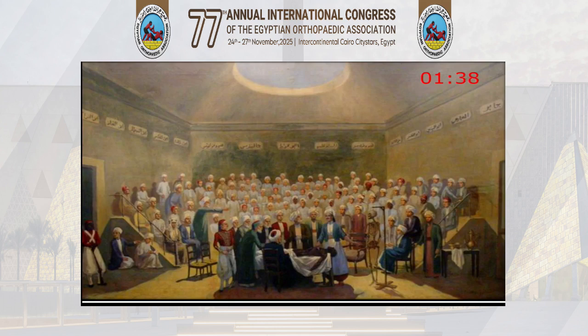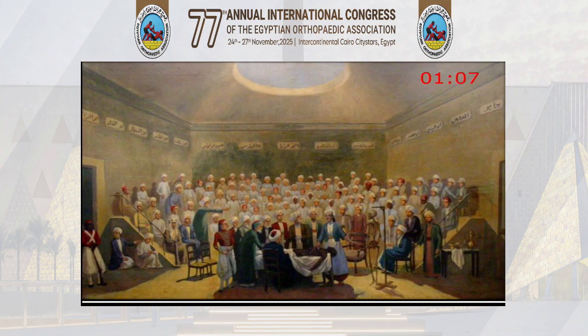This photo is for the first anatomy session in modern Egyptian medicine. This was actually in 1824, about 200 years ago, and those students were 100 Al-Azhar students, because there was no regular education system in Egypt.